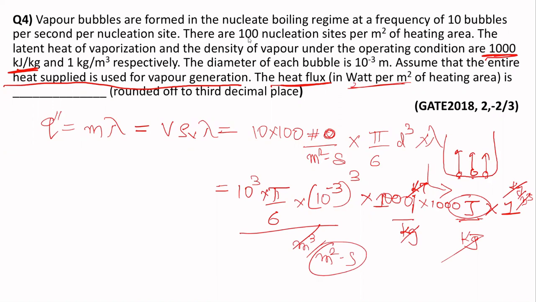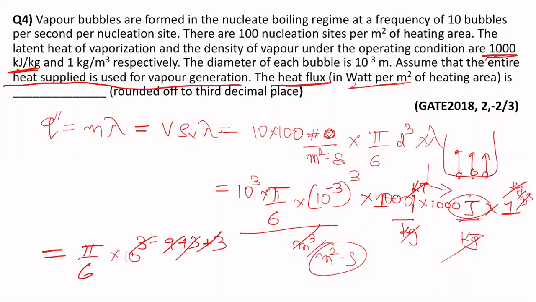A small cross check that I want every one of you to be very careful about. What we have is pi by 6 into 10 power 3 minus 9 plus 3 plus 3. This cancels out, and the answer is pi by 6. So 3.14 by 6, which is roughly equal to 0.5.